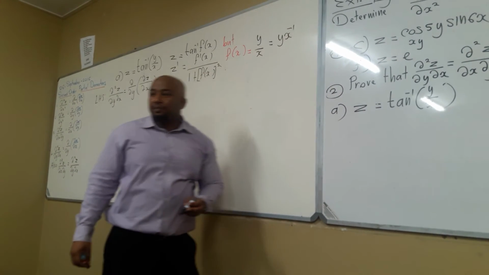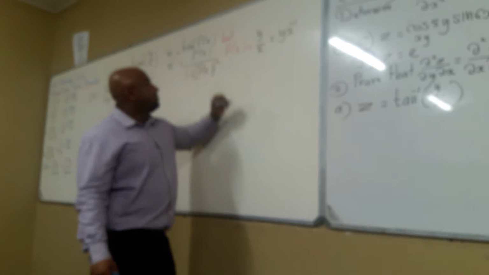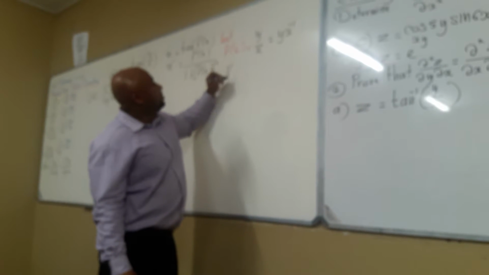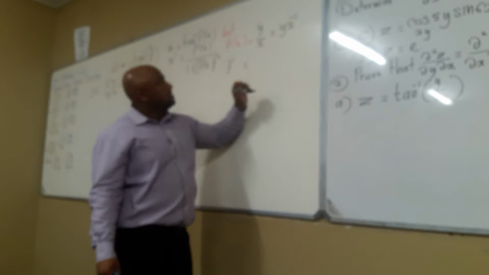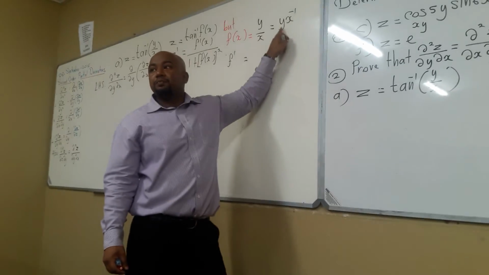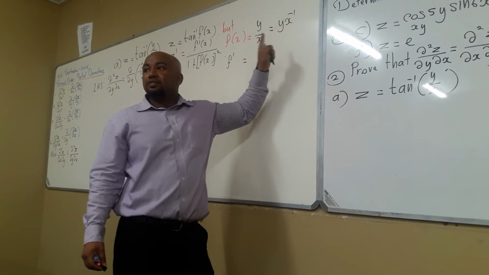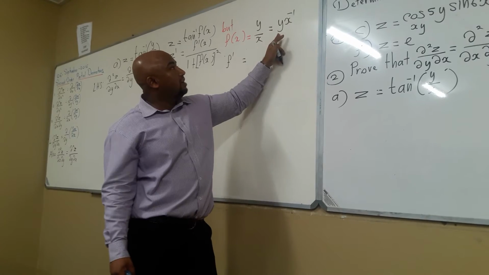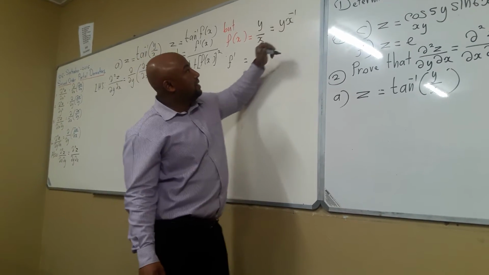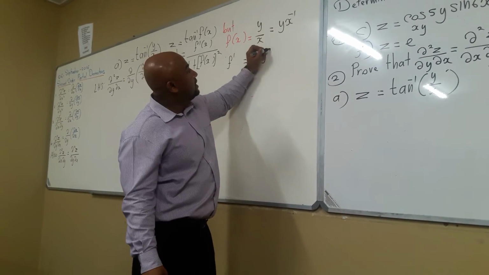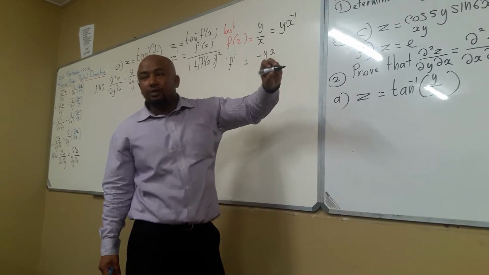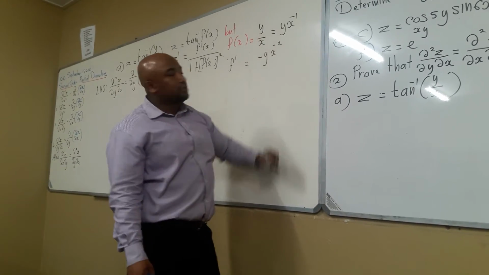It becomes x to the power minus 1. I'm differentiating x, f prime. So remember, I'm differentiating with respect to x. I will treat y as a constant. So it's y times minus 1, which is minus y. X minus 1 is minus 2. So that's clear.